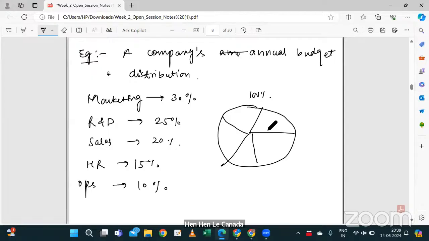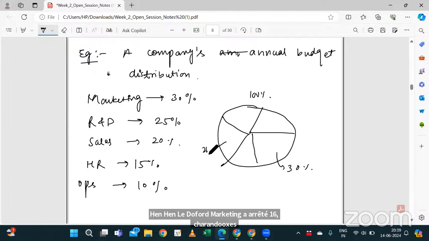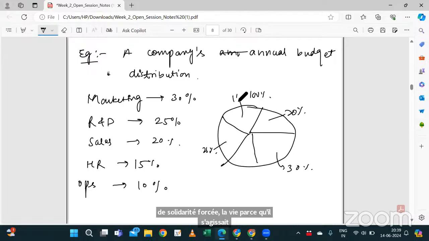I mean, you can do it for marketing, R&D, sales, HR, and ops. Let's say suppose this is the 30%. We have to see how much 30% can be. Suppose this is 25%, and just assume this is 20%, and this is 15% or 10%. I think this seems reasonably okay.